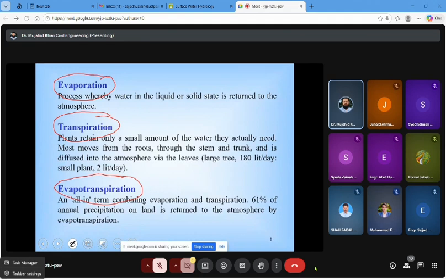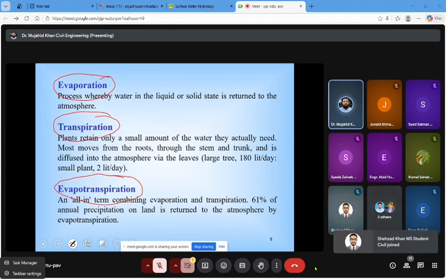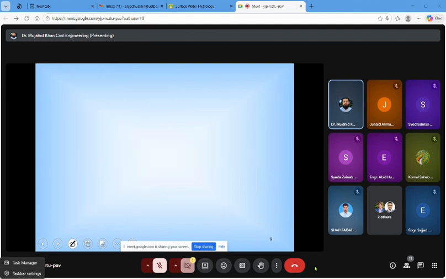If you are in an area where there are no chances of transpiration, you can use only an evaporation model. If you use separate evaporation for an area with no vegetation and transpiration for another area having vegetation, then you can use both separately. But if they are combined, then you can use these combined models.